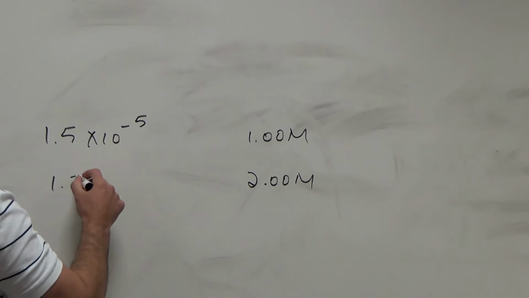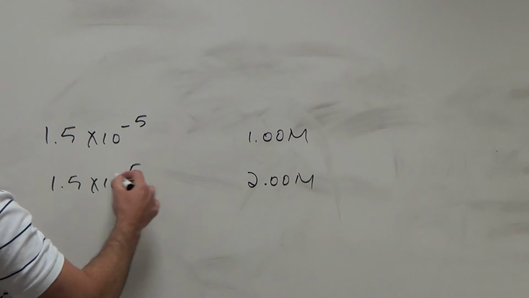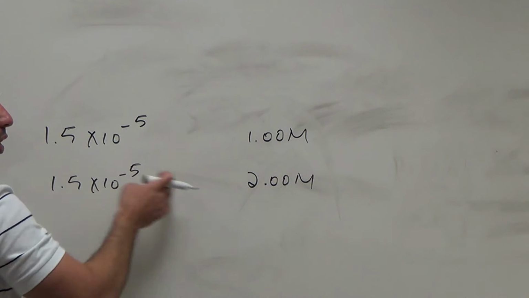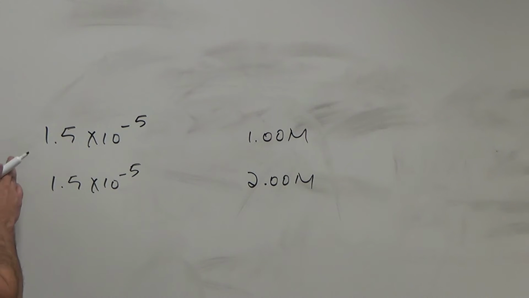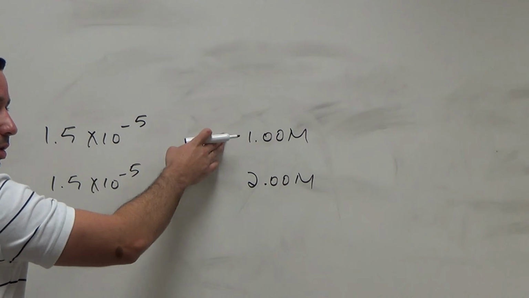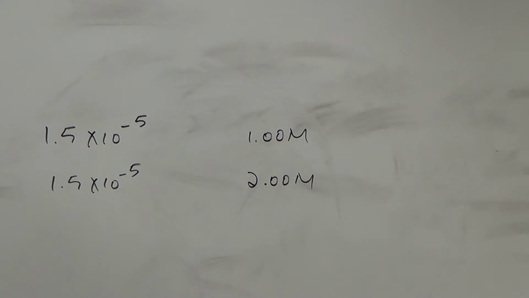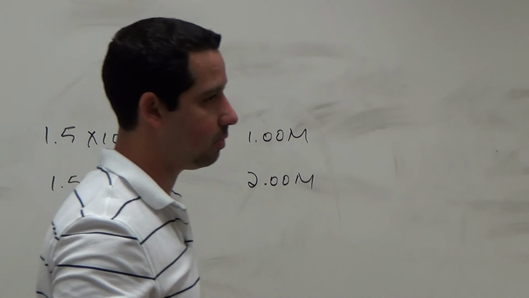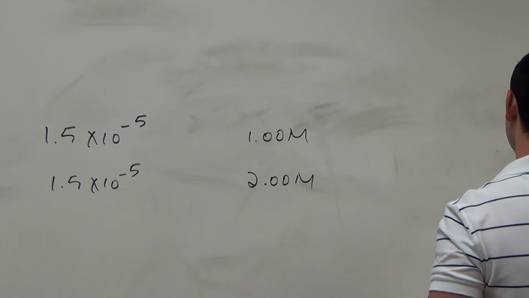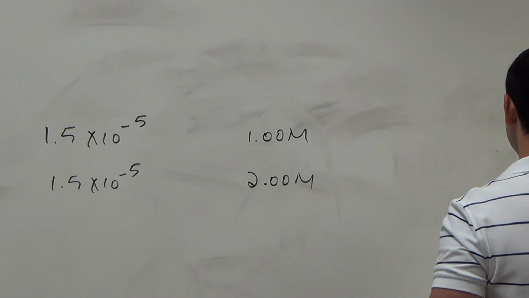And then I look at the rate, and the rate is the same. Did doubling the concentration have an effect on the rate? No. What it means is that the order on this is 0. So let's say this is what I have, and I increase it to this.